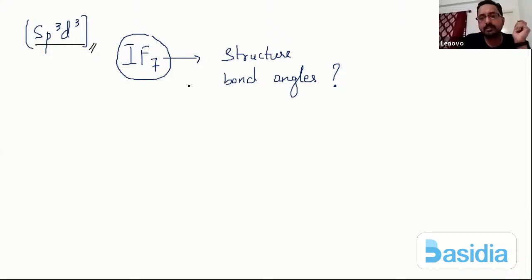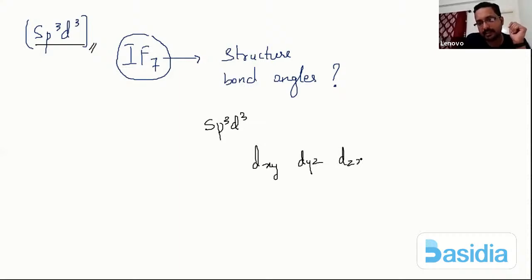In sp3d3 hybridization, the three d orbitals involved are dxy, dyz, and dzx.